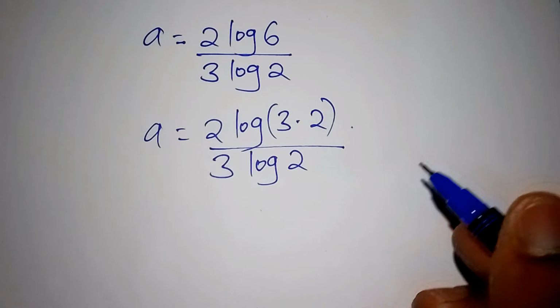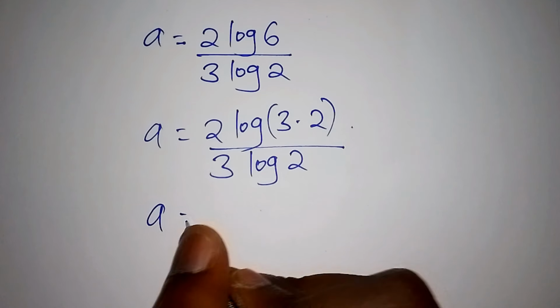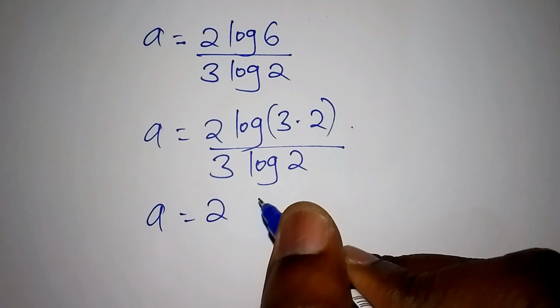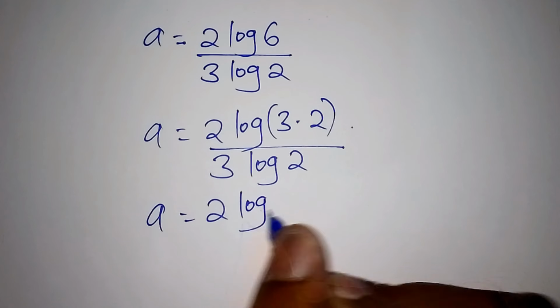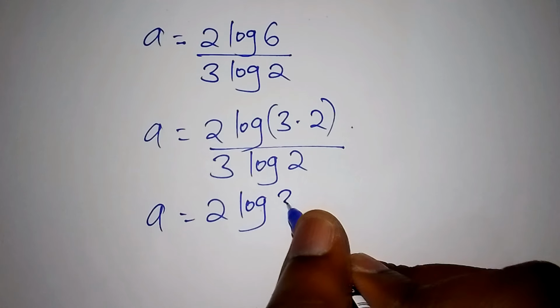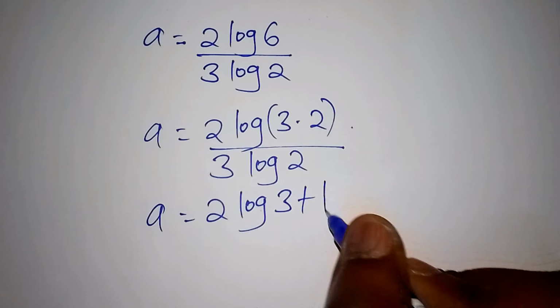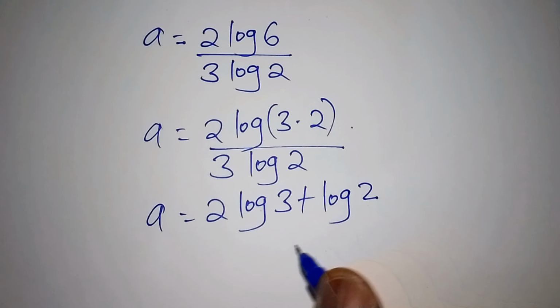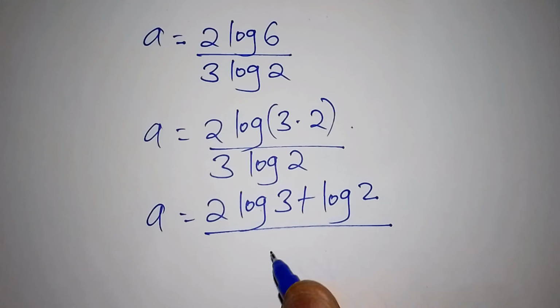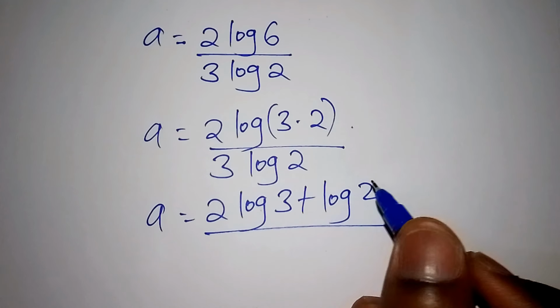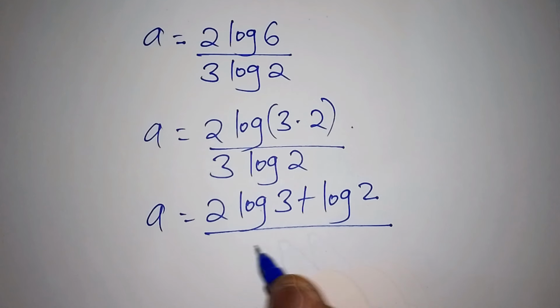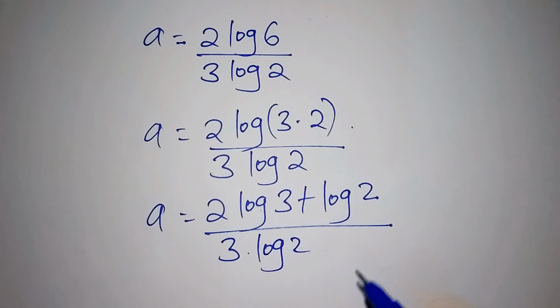So from there our a is equal to 2 into the log of 3 plus the log of 2, all over 3 the log of 2, since the product changes to a sum.